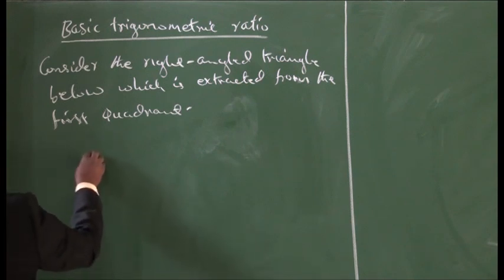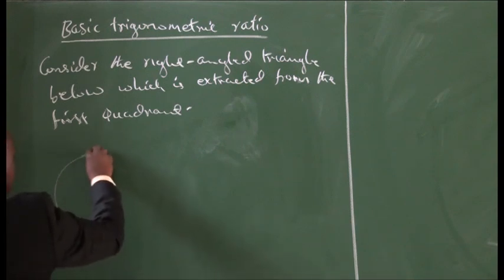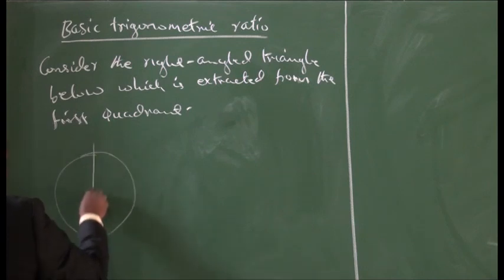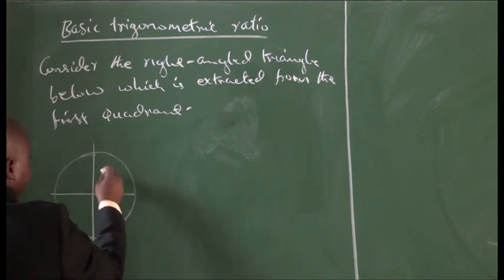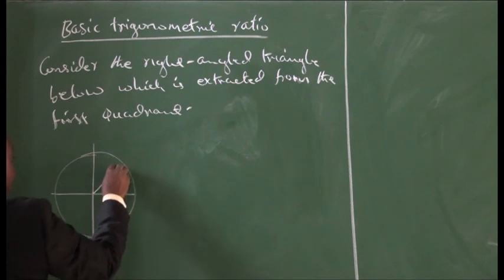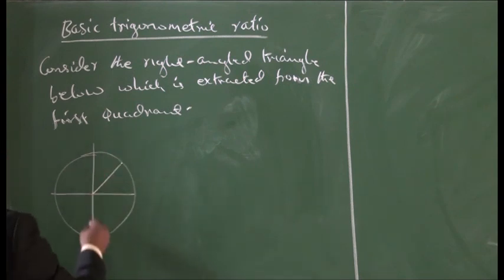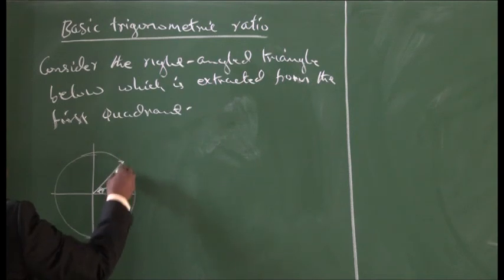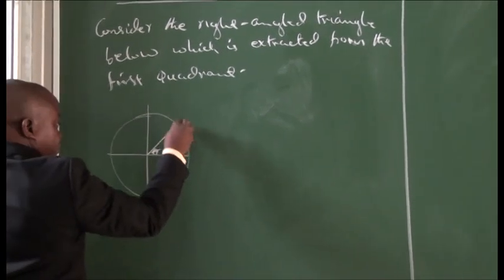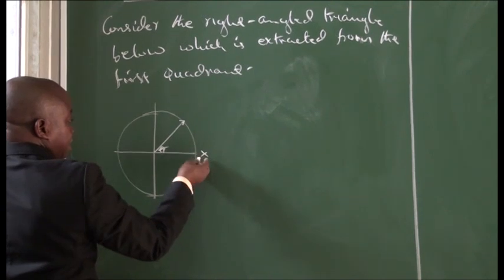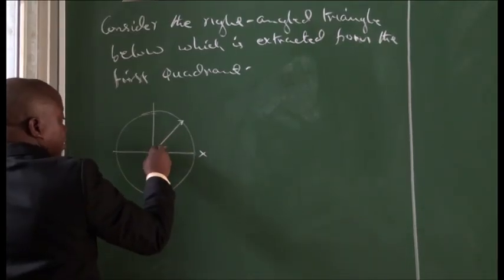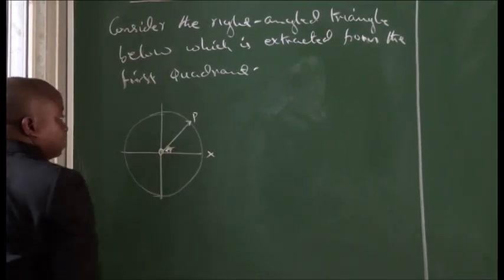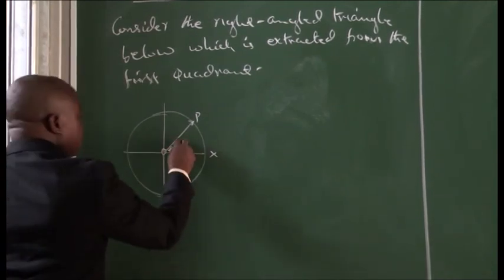Look at what I'm saying. We know that the first quadrant is this, and this is the line that rotates from this x-axis to this place. Let here be from 0 to p.